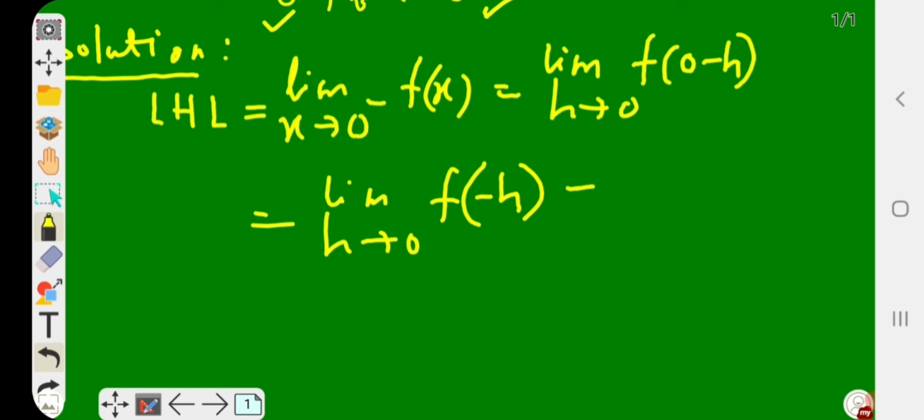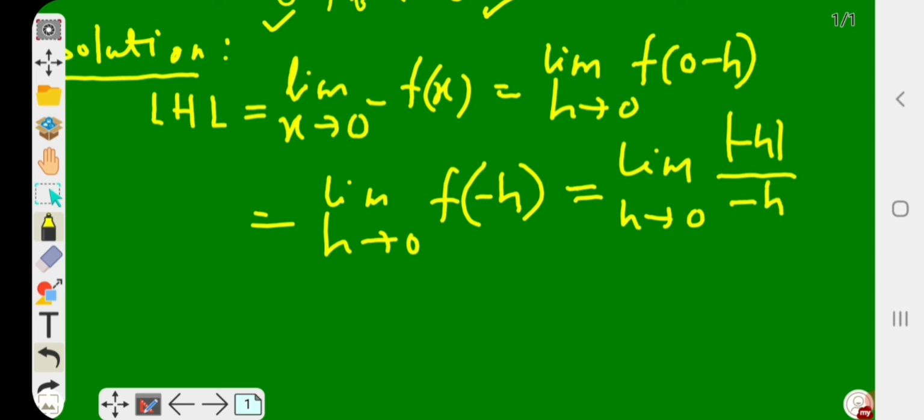So we can write now limit h tends to 0 of mod of minus h by minus h. The mod of minus h is h.